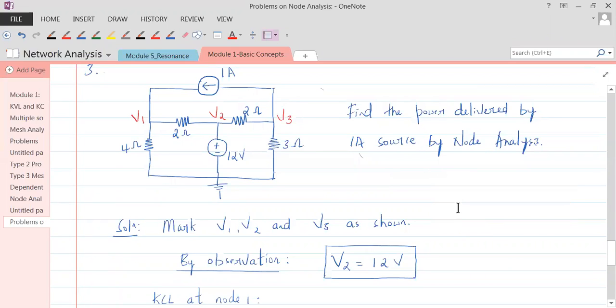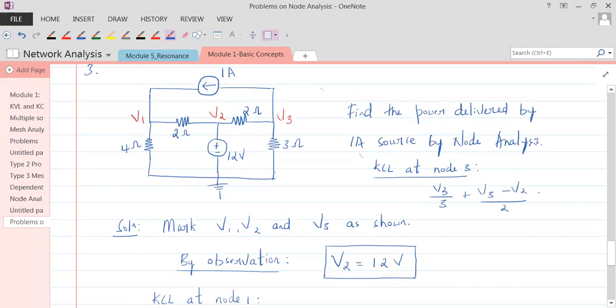Write that yourselves. Write the KCL at node 3, everybody. So how does it look? It looks like V3 by 3, plus (V3 minus V2) by 2.